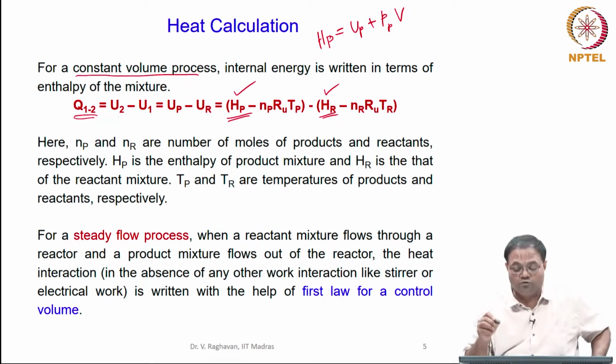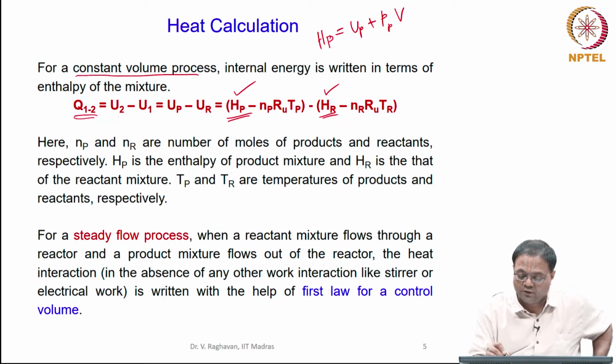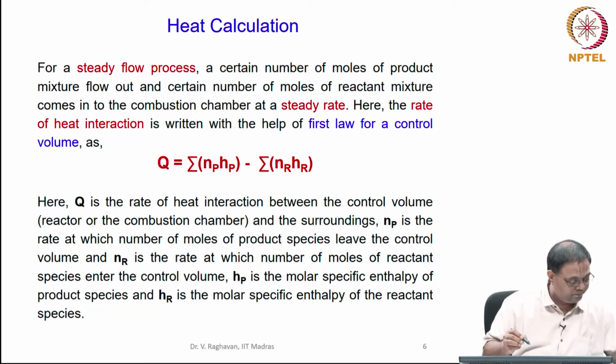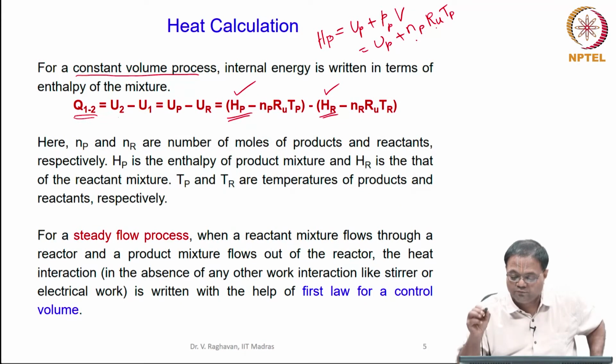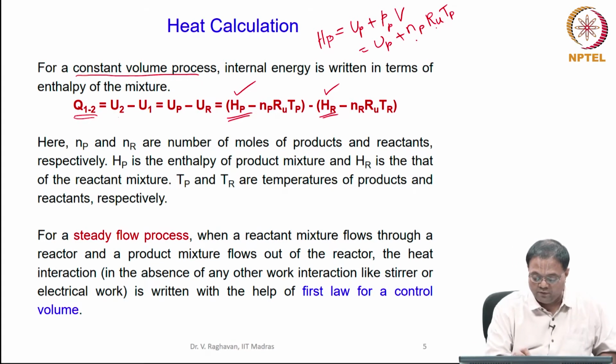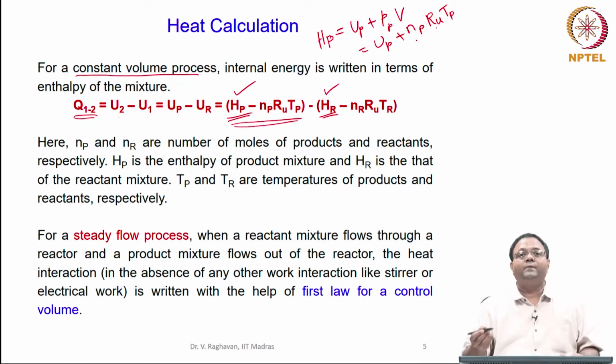Based upon this, we can write Up plus PV, and PV can be written as N R T, the equation of state for the ideal gas: the number of moles of the product mixture times the universal gas constant R_U times Tp. So now Up can be calculated as Hp minus Np R_U Tp. That is what we have written here. So, in terms of enthalpy and using the equation of state, we calculate the internal energy of the product mixture.